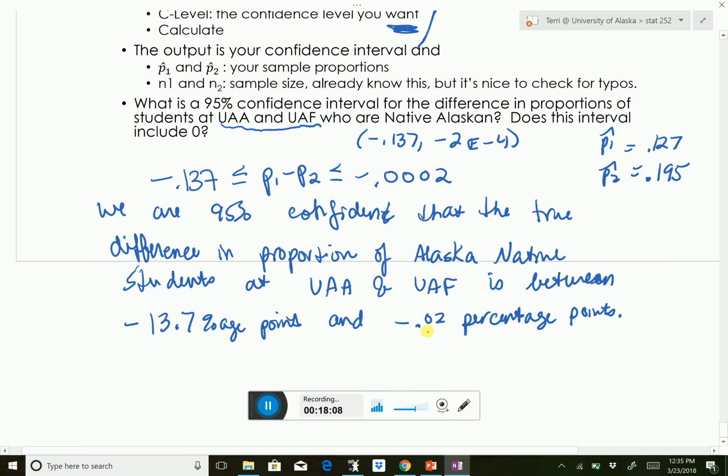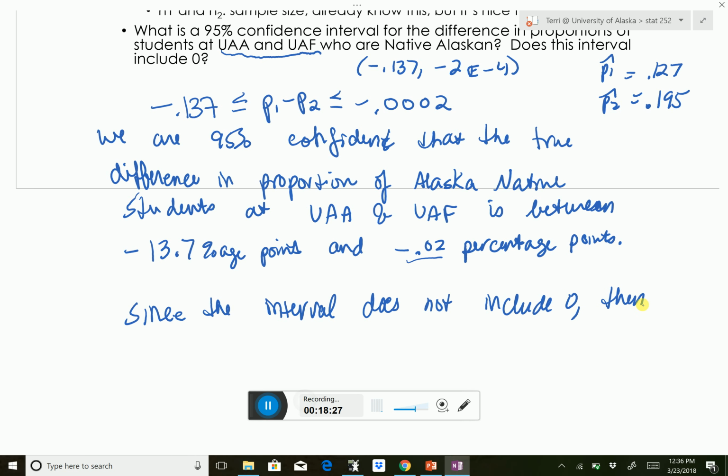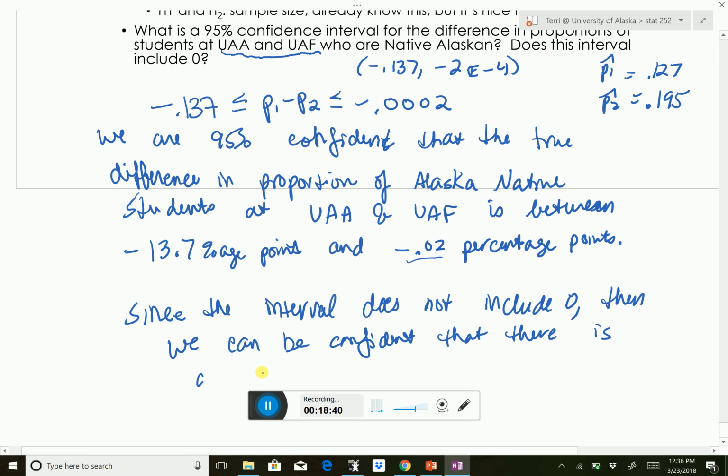So the difference may be as small as this, but does this interval include 0? Since the interval does not include 0, then we can be confident that there is a difference in percentages.